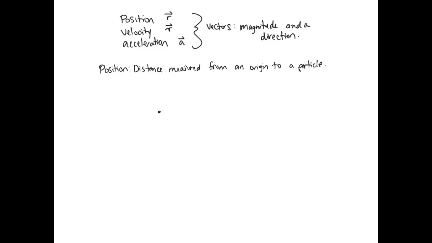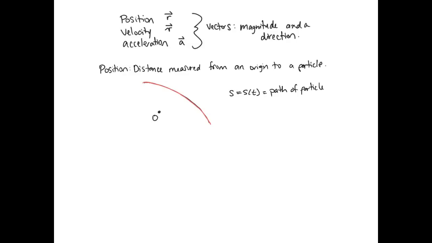So you set an origin, let's say we'll set an origin here, and let's say we have a particle that's traveling along this path called s. So we'll say s is a function of time, and this is the path of our particle. And so s is this path here.